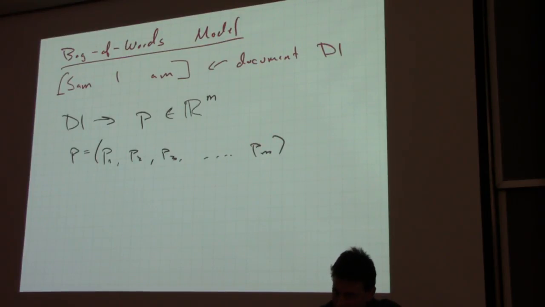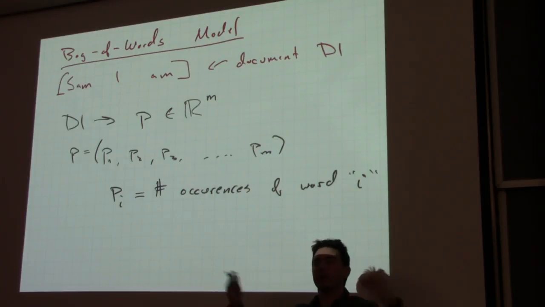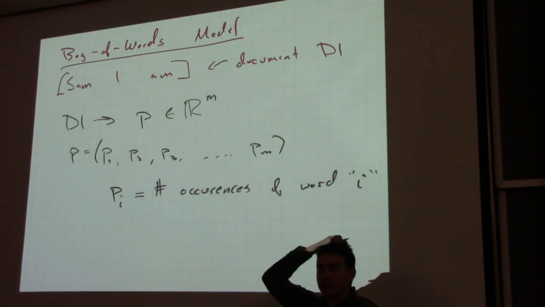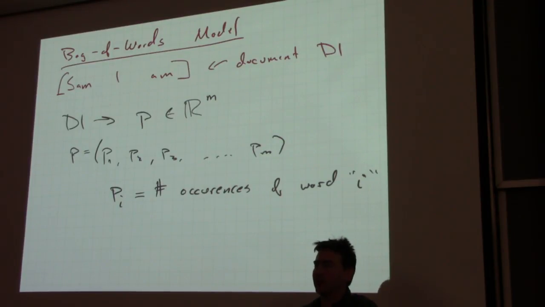Okay, and so Pi is going to be the number of occurrences of word i. The idea here is that I've got this really, really super long vector where every entry corresponds to any word I might see in the dictionary.